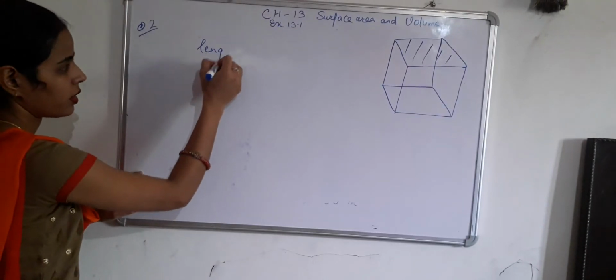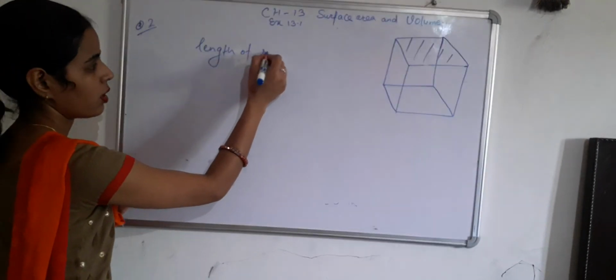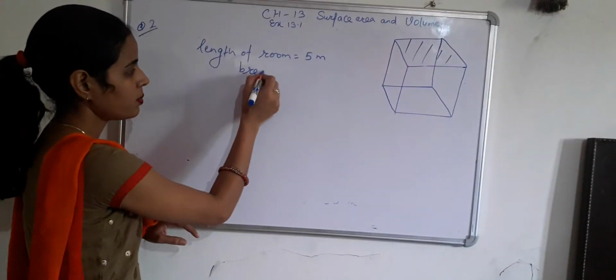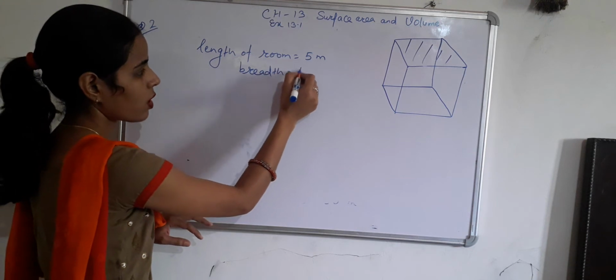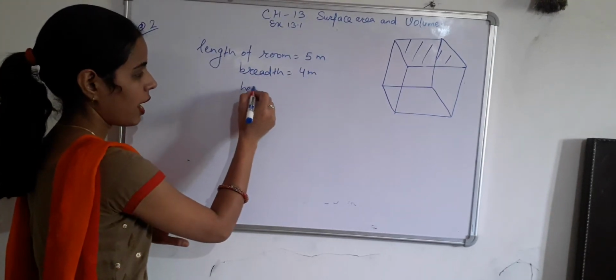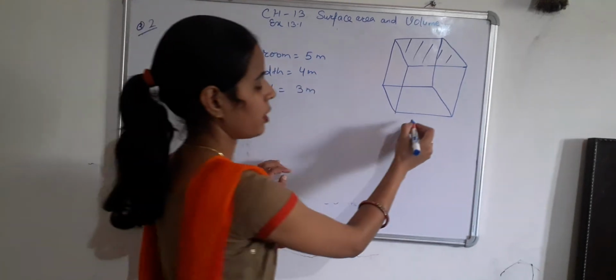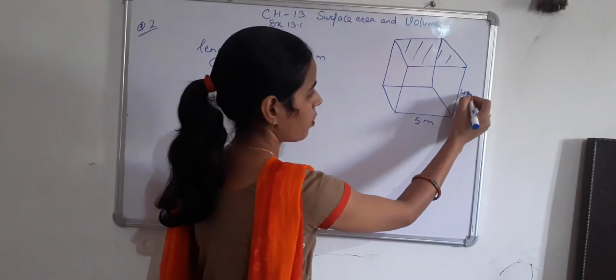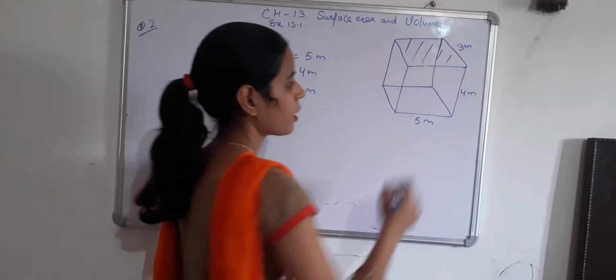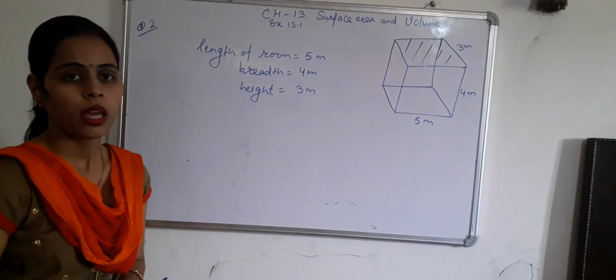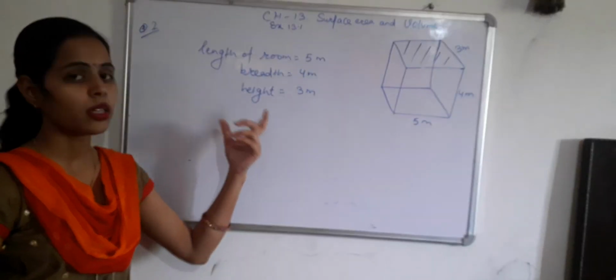Question number 2. Length of room equals to 5 meter. Its breadth equals to 4 meter and its height equals to 3 meter. Find the cost of whitewashing its 4 walls and its ceiling.